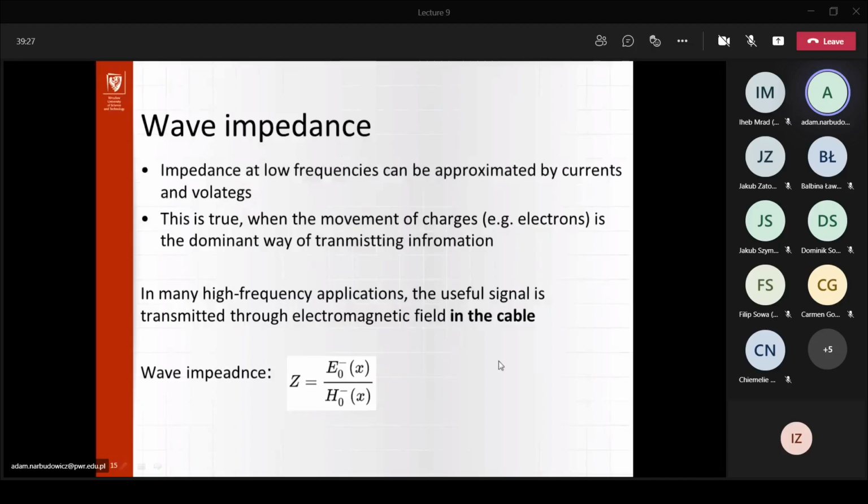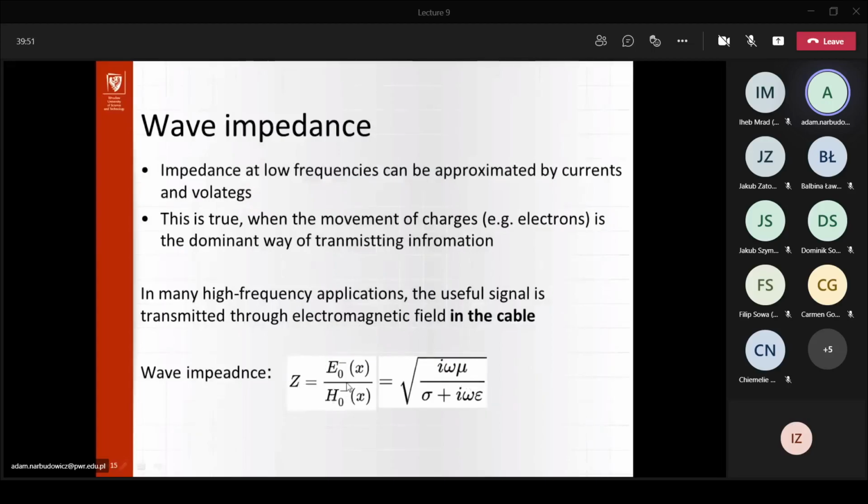So with that, we have a generalized case of the impedance, which is called the wave impedance, which is basically described as a ratio of the electric field to magnetic field. In the general case, it can be expressed using the permittivity and permeability of materials.